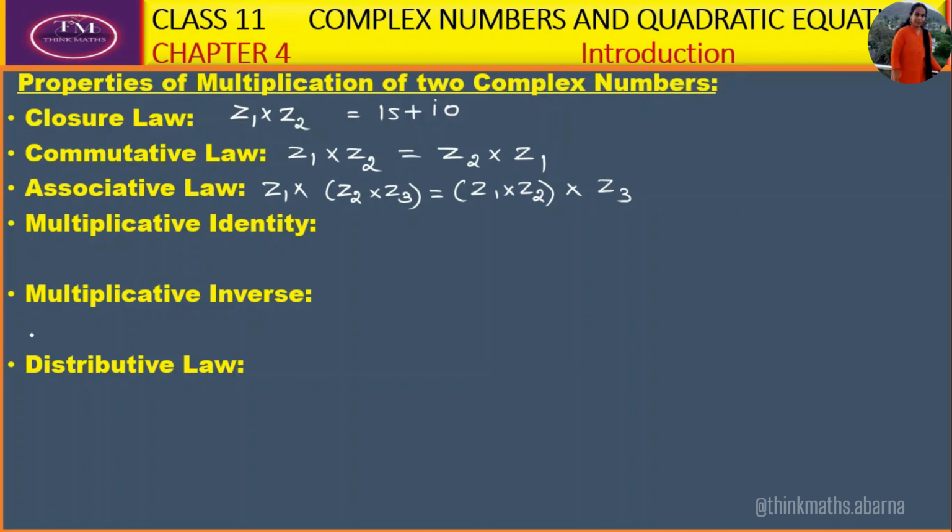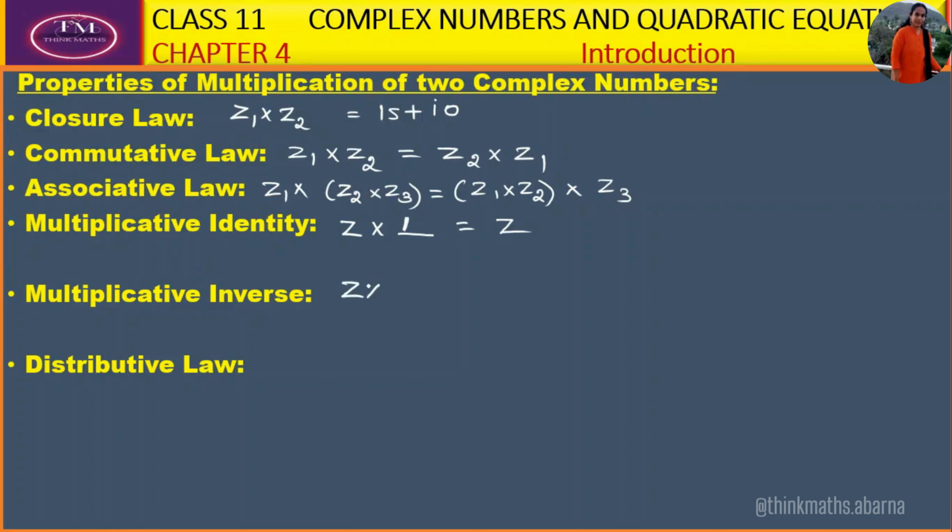So that is called associative, just changing the brackets. Next one is multiplicative identity. What do you mean by that? If you multiply with something, you should get the answer as the same complex number. What you have to do? You have to multiply with 1. So 1 is a number which, when we multiply with a complex number, we get the answer as Z. Next one is multiplicative inverse.